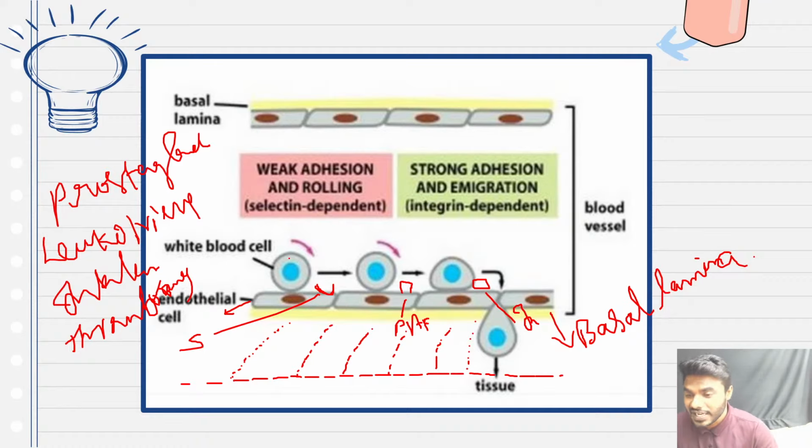This is the WBC. Friends, on the surface of the WBC there is a receptor for selectin and also a receptor for integrin. Every student look into the diagram very carefully. First, listen. First, the selectin receptor associates with the selectin molecule.